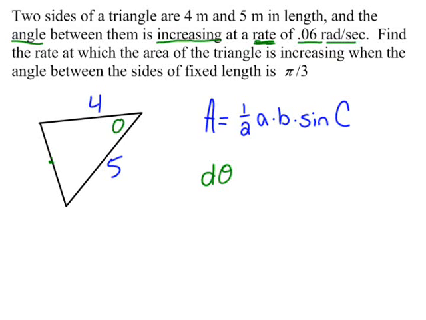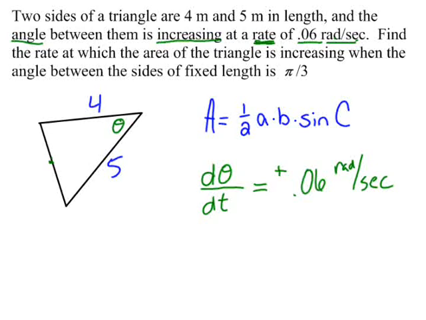We're going to call our angle theta. And it's happening radians per second, so therefore it's our derivative of theta with respect to time. It's increasing, so we know it's positive, 0.06 radians per second.